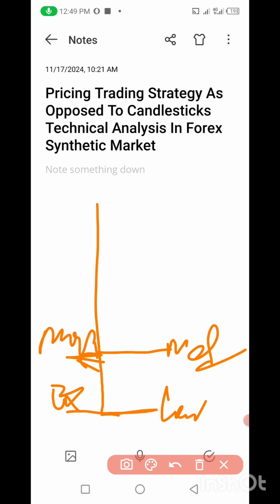Okay, and then we have, we're not going to call it a high price, but let's call it medium. It's still within medium price.